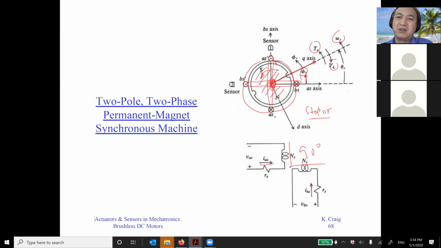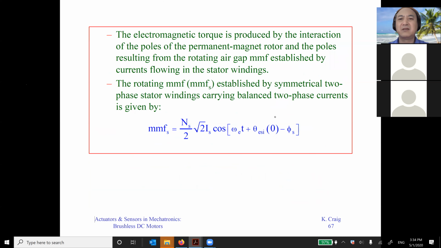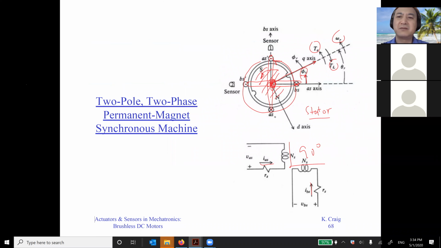Then the overall changing of the angle: theta R and phi R together will add towards phi S. This angle goes this way, this phi angle goes here, so these two add together.